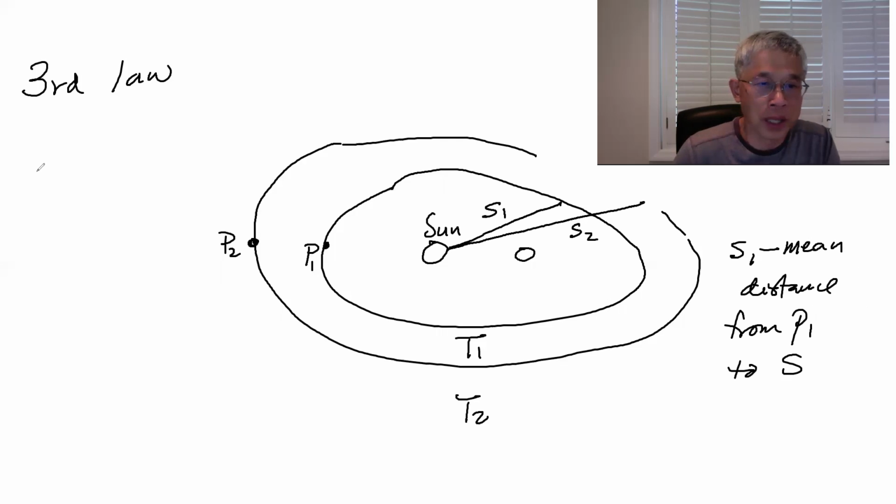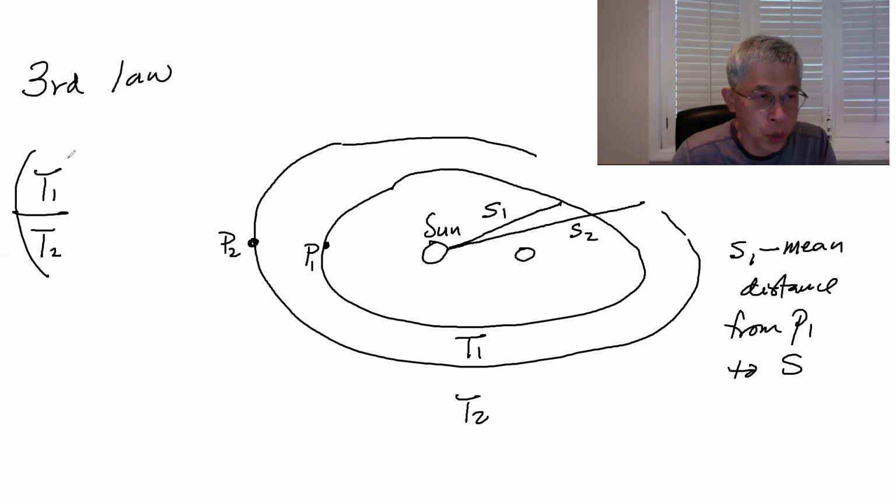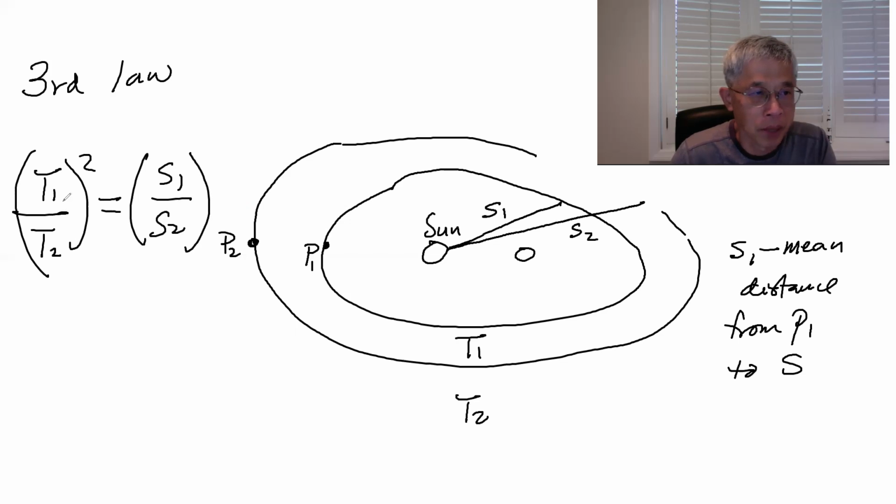So the third law says that for T1 and T2, as this planet gets further away from the sun, the period will increase. But it increases in such a manner that the square of the period is equal to the mean distance to the power of 3: T1 squared over T2 squared equals S1 cubed over S2 cubed, okay?